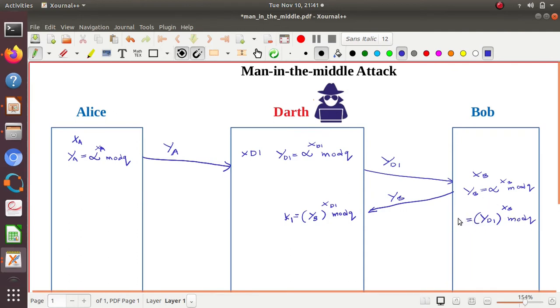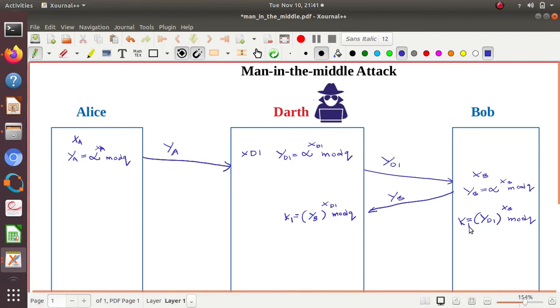But we know that this is the same as K1, because YD1 is actually alpha to the power XD1 mod Q. So alpha to the power XD1 mod Q, to the power XB mod Q. Here also both will be the same, and they are K1.